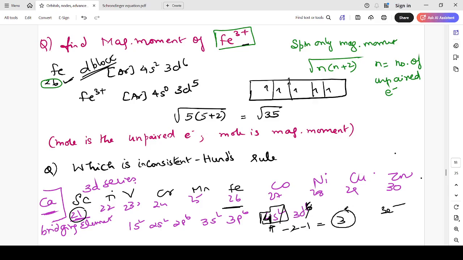So totally 3 electrons I have removed. Now what is its configuration? 3d5. n stands for the number of unpaired electrons, so I substitute the n value here, which is 5. And the unit is called Bohr magneton, BM. Okay, ma'am.